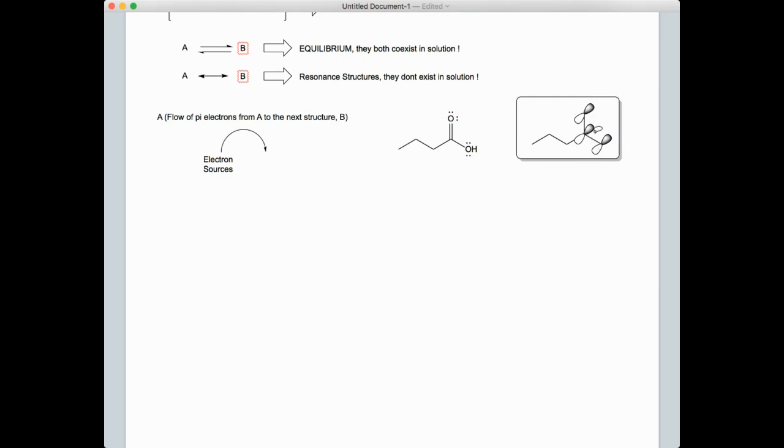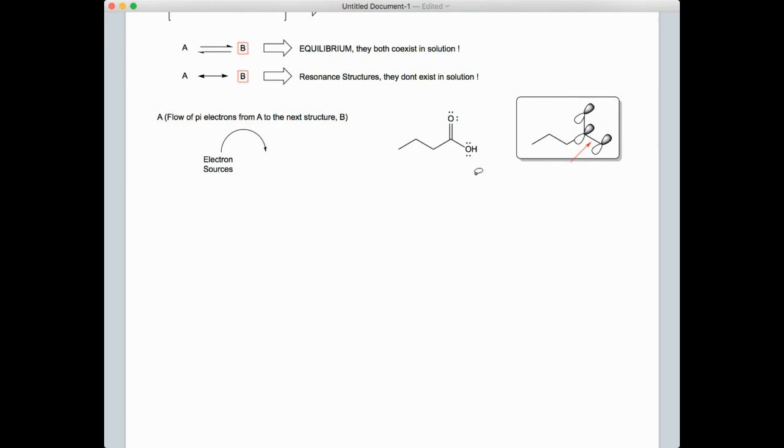Okay. So once I have my p orbital picture of the molecule, I can tell that there is an area in which I don't see, in that single Lewis structure that I have there, any indication of pi bonds.